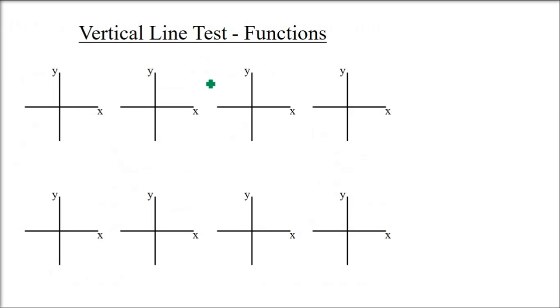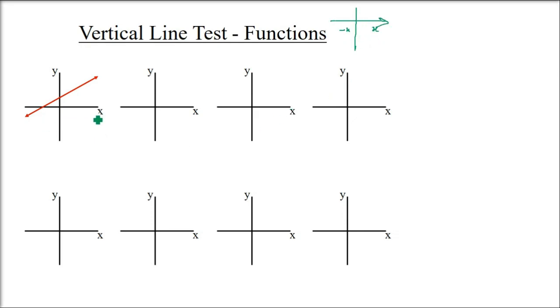Vertical line test. This is also known as the pencil test. By this test, we find out whether a graph is a function or not. Now see here, there is a straight line. Now we pass a vertical line, a pencil you can say, from -x to +x.